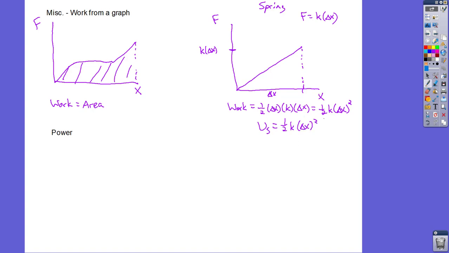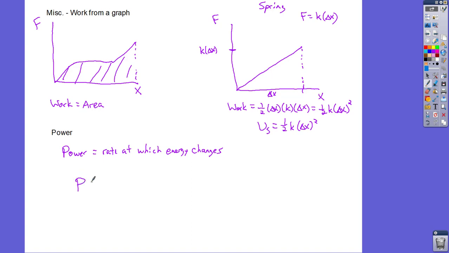Okay, and the last thing is just a quick reminder of what power is. So power, remember, is the rate at which energy changes. Or energy changes could also be work is done.